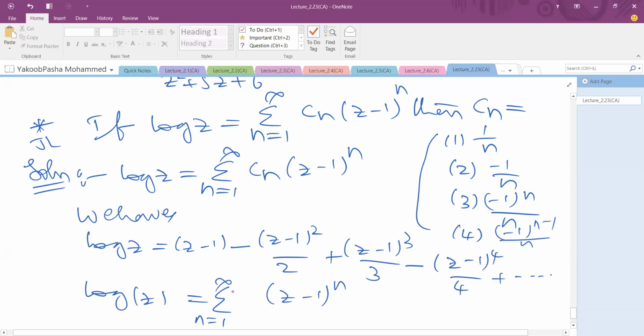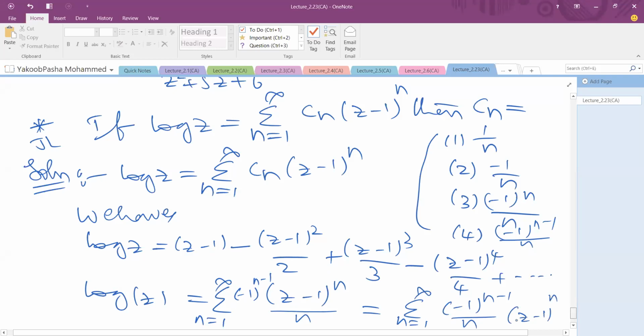The first term is plus, and since n starts from 1, we write (-1) to the power of n minus 1. If it started from 0, we could take (-1) to the power of n, divided by 1, 2, 3, 4. So here we get by n. So this is nothing but summation n is equal to 1 to infinity (-1) to the power of n minus 1 by n into (z minus 1) whole to the power of n.